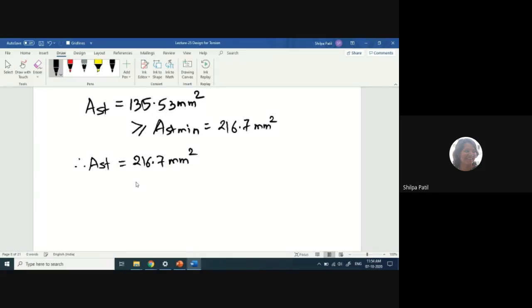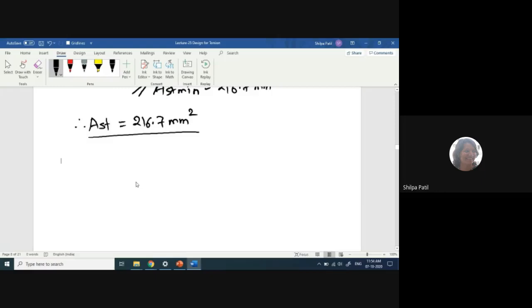Okay. So for this now find out number of bars. Now the area required is very small. So we can reduce the bar diameter. So let us use 12 mm diameter bars.